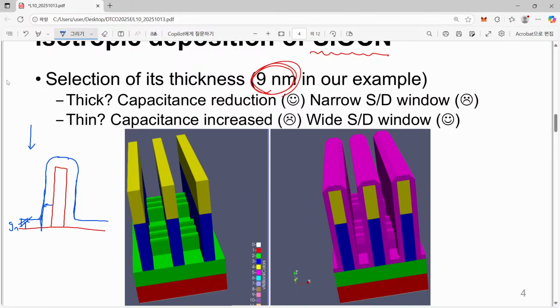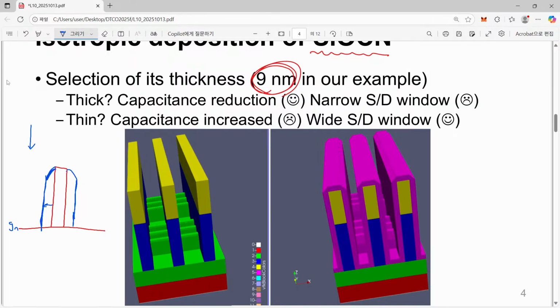The point is here in this tall structure, due to its anisotropic nature, we will have only slightly reduced values for our spacer. We have already seen it when we talked about self-aligned quadruple patterning or double patterning. So that is the sidewall formation.